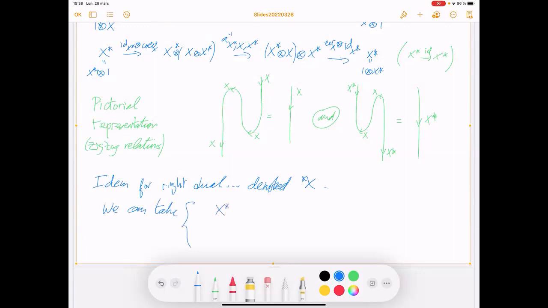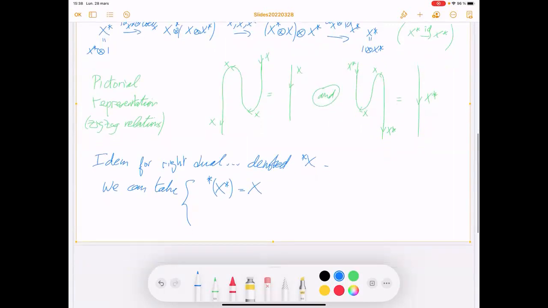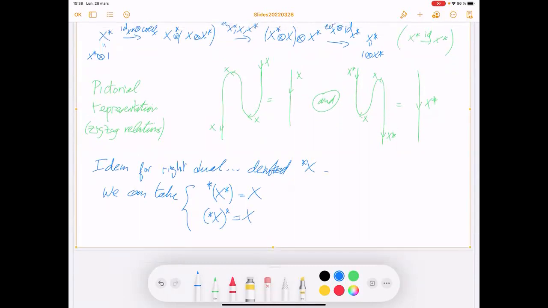The right dual of the left dual can be taken by X itself, and the left dual of the right dual can be taken as X itself, assuming they exist, assuming star X and X star exist.